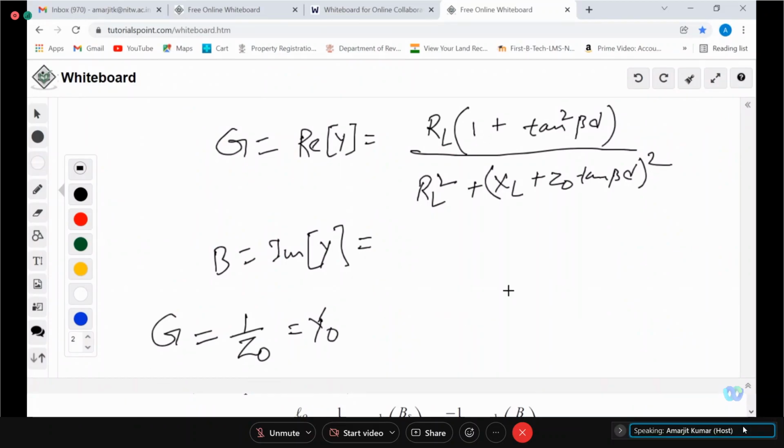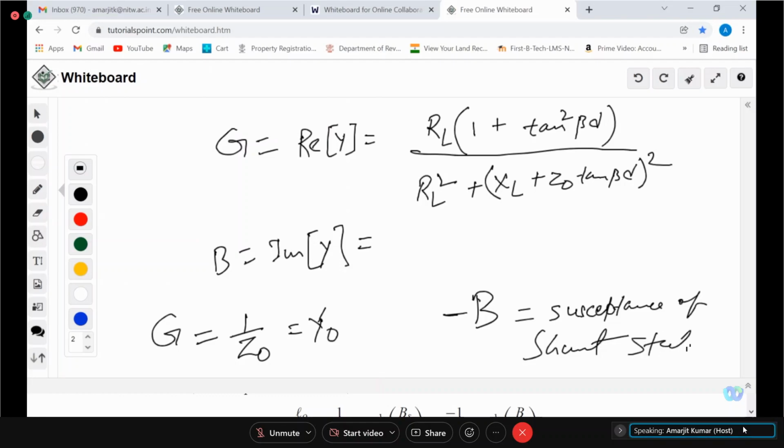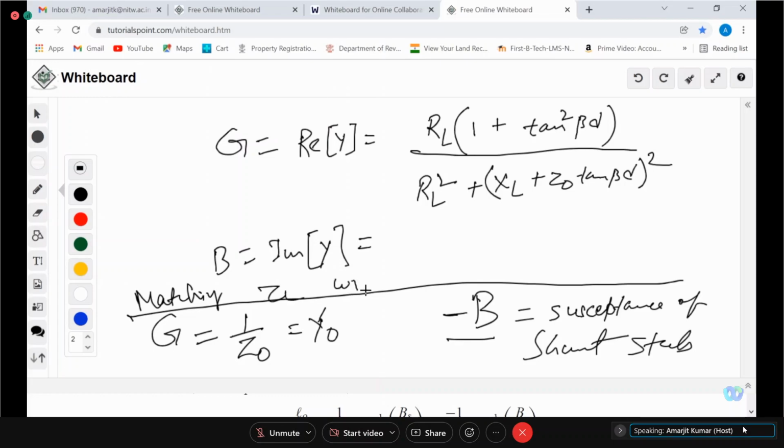And second, the susceptance B: negative of B should be equal to the susceptance of the shunt stub. These two conditions are required for matching ZL with Z0 using a shunt stub.